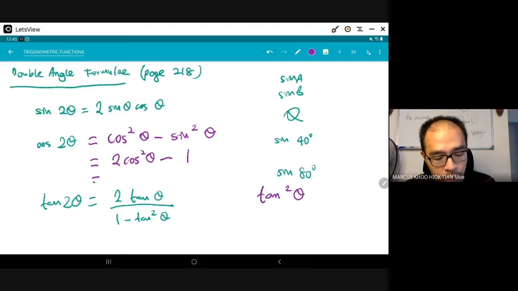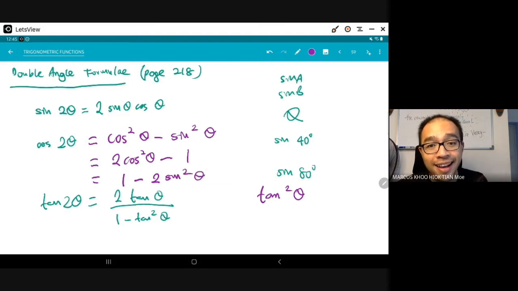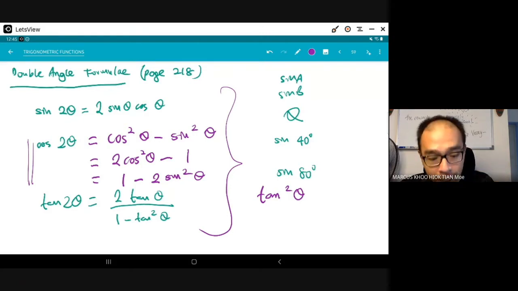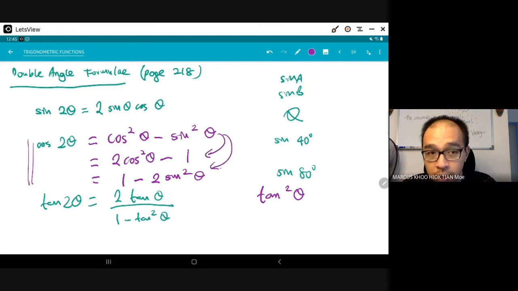And the third one is 1 minus 2 sine squared theta. So you have all these, which is a lot. Sine 2 theta is the easiest. Tangent 2 theta is probably the second easiest. For cos 2 theta, why are there 3 formulas? Because from the identities, you can actually derive one from the other.